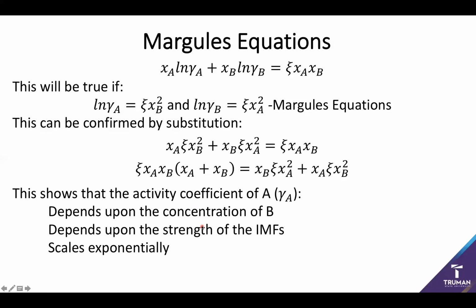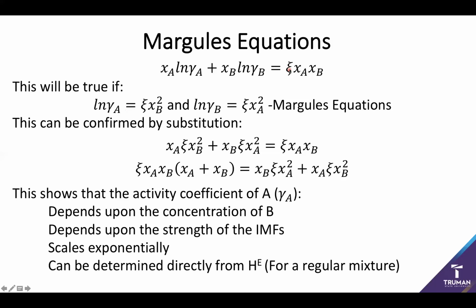And this is actually a really kind of important idea because it really helps illustrate how we can actually behave like a pure solvent for quite a while. We can follow Raoult's law often fairly far into the mole fraction regime, and then suddenly we really don't adhere. And this is all based on that exponential scaling. Finally, and this is actually really cool, we can determine this xi directly from the enthalpy of excess.